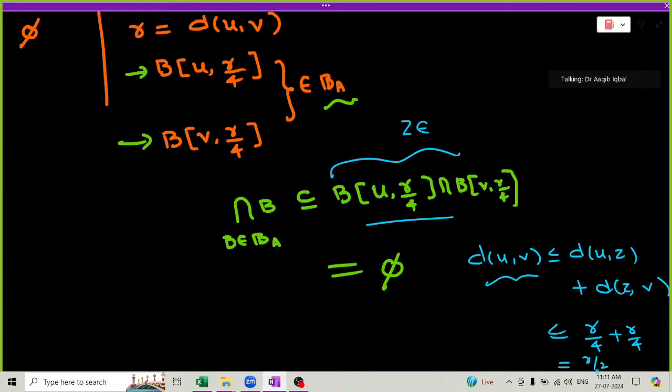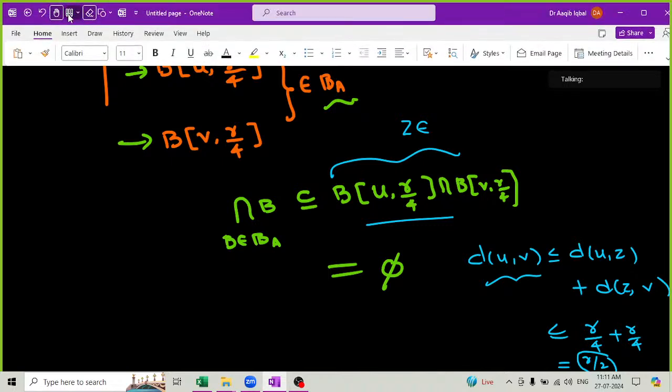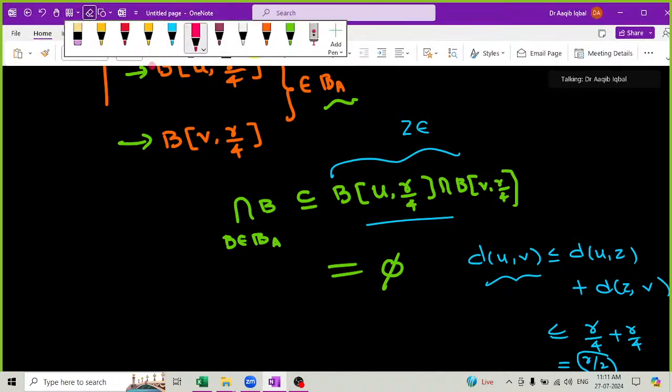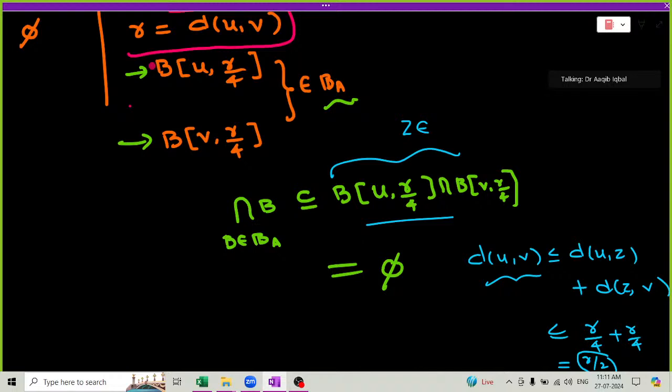So you are saying distance between u and v is less or equal to r by 2, which is not possible because the distance between u and v is r. So you'll be contradicting this thing जो आपने यहाँ लिया. So we get a contradiction.